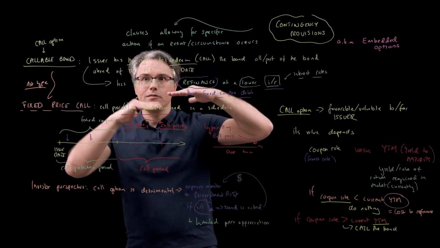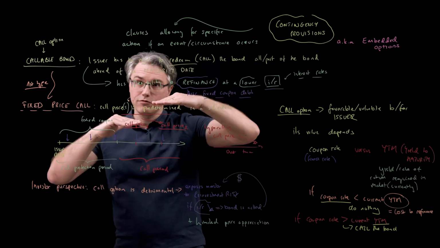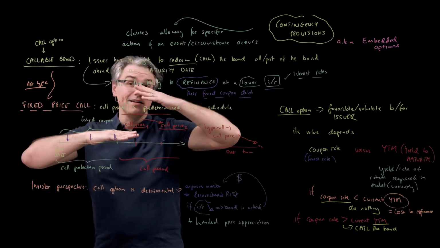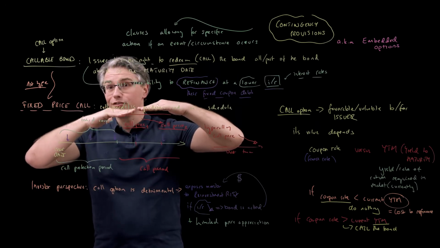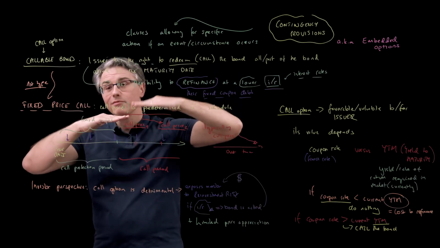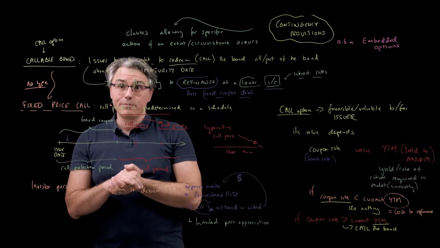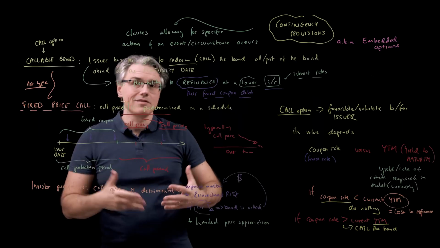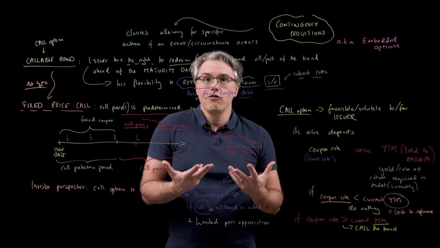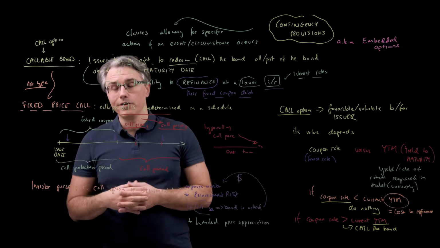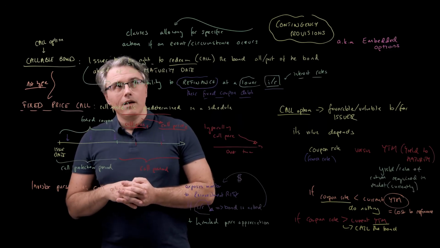As they go down, that fixed coupon stays the same. In relation to current interest rates in the market, it's becoming more and more attractive, giving rise to bond price appreciation, because investors find this bond overly attractive as compared to current market conditions. So they're willing to pay a higher and higher price for the bond.